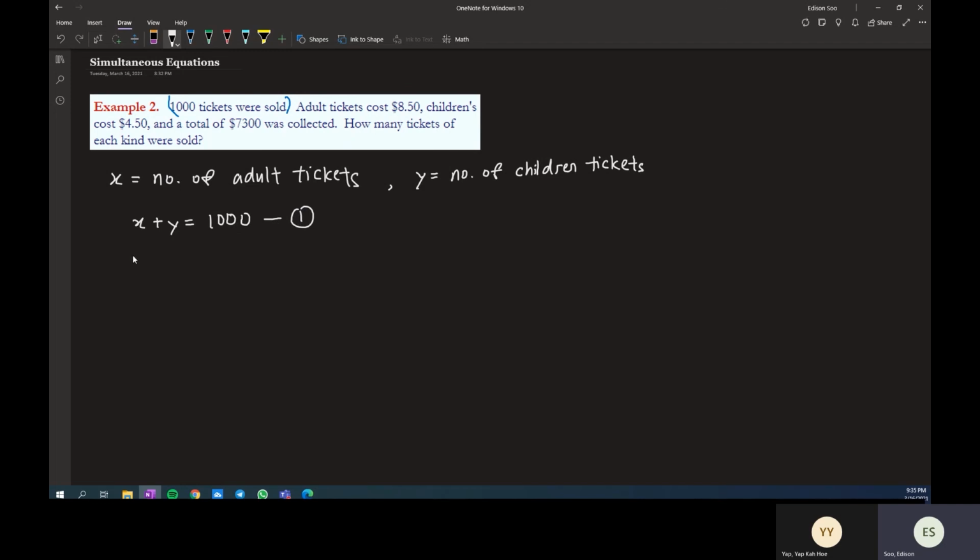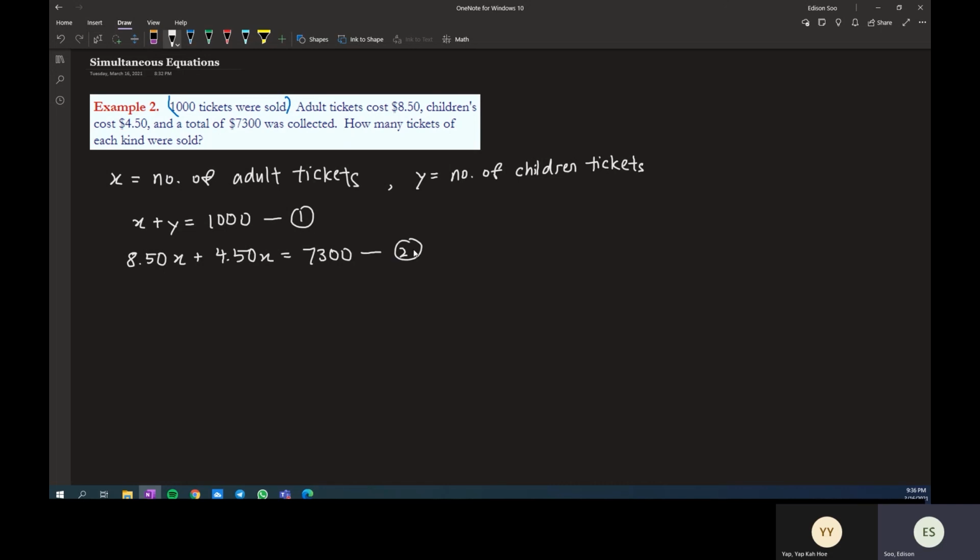Next, we can formulate a second equation from the total amount collected. The total amount collected is $7,300, and we can get that by multiplying the price of a single adult ticket by the number of adult tickets, and adding the price of a single children's ticket multiplied by the number of children tickets sold.